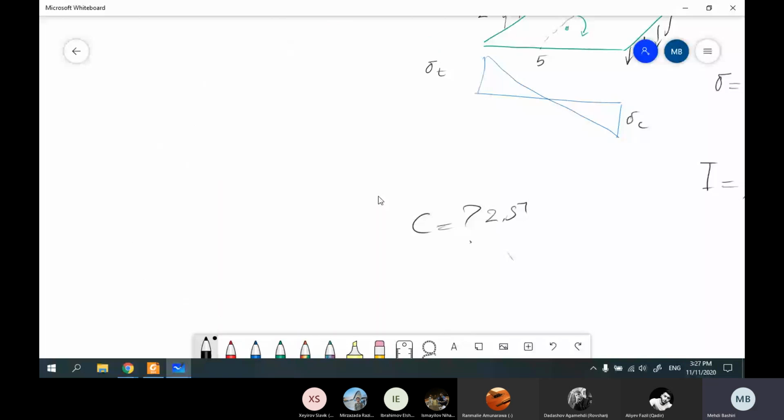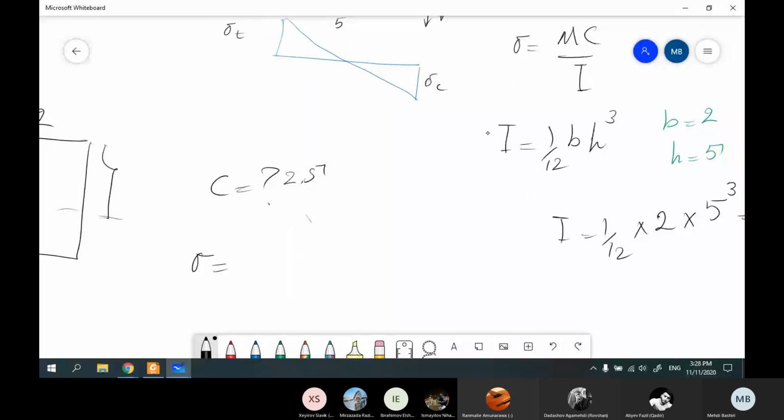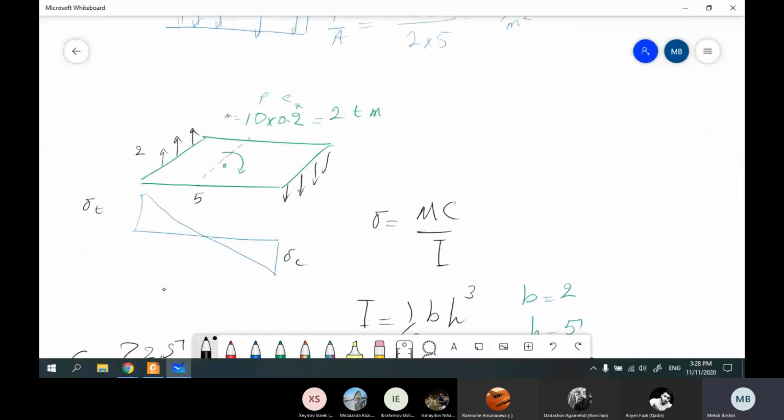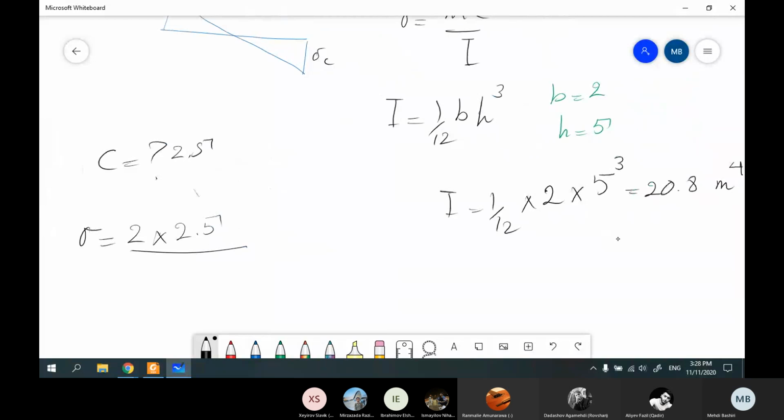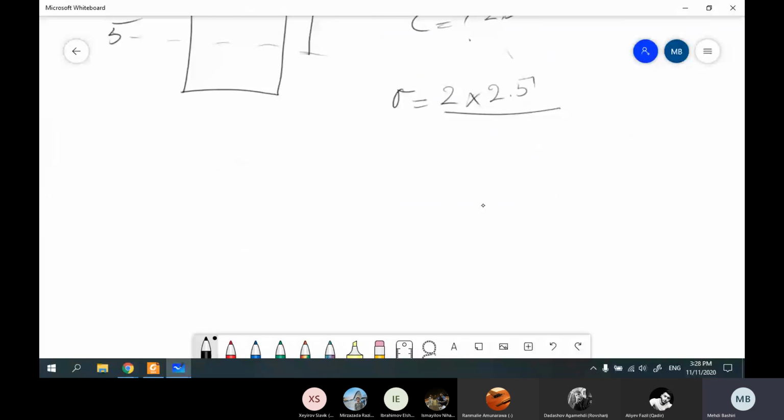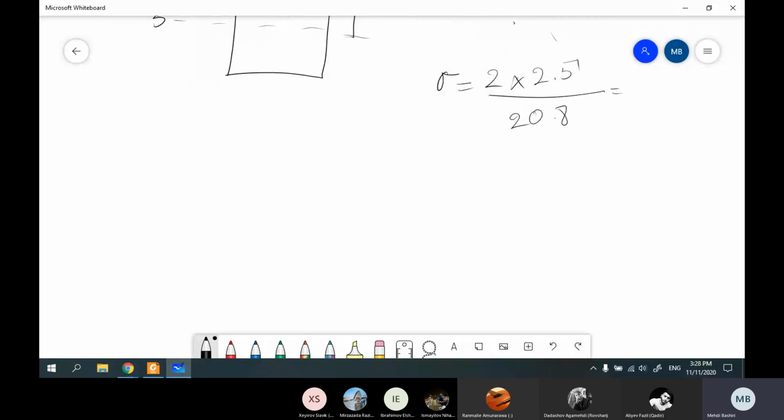In this case we have 5 and 2. So sigma is M, what was M? 2, times C, 2.5, over I, 20.8. The answer is 5 divided by 20.8, which is 0.24.